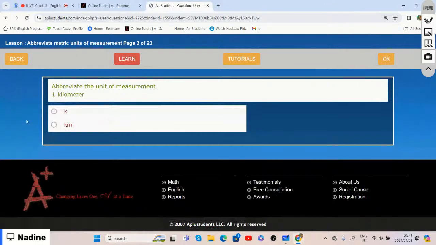1 kilometer. Is it K for kilometer or KM for kilometer?